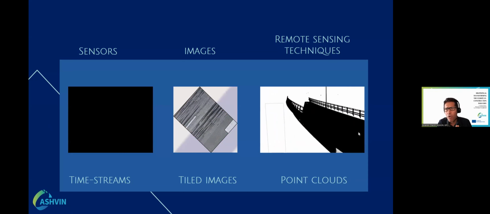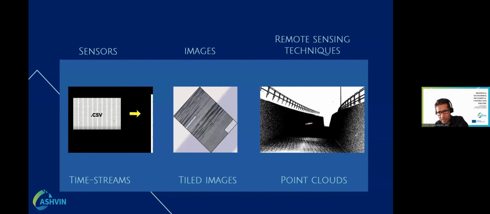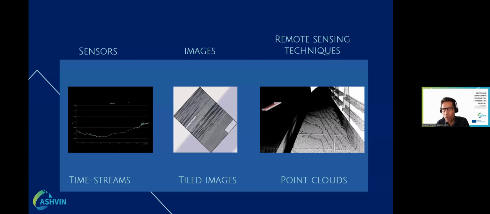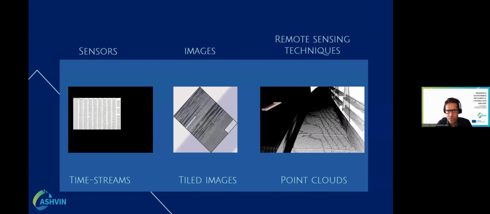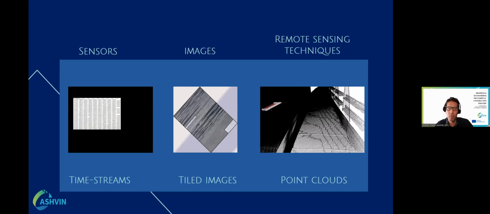But we have also worked with other techniques like remote sensing techniques, let's say point clouds, which is unstructured information, or images, that is also unstructured information, in more abstract ways. But all of those sources of information belong to these demo cases we have been working with.